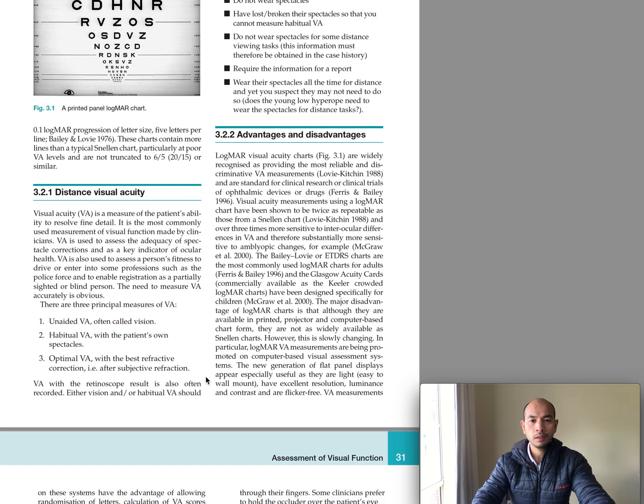All right. So you've got advantages and disadvantages. LogMAR visual acuity charts are widely recognized as providing the most reliable and discriminative VA measurements and are standard for clinicians' research or clinical trials for ophthalmic devices or drugs.